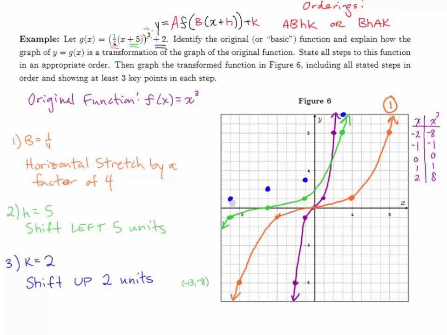And then I'll again connect these and keep that same shape. So that final graph is the graph of y equals the quantity of 1/4 times the quantity of x plus 5, all cubed, plus 2. And I'll label these other 2 graphs that I had.